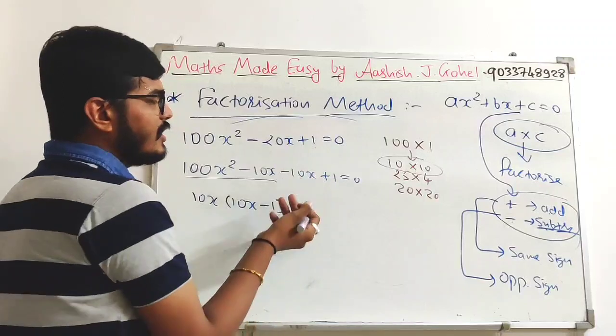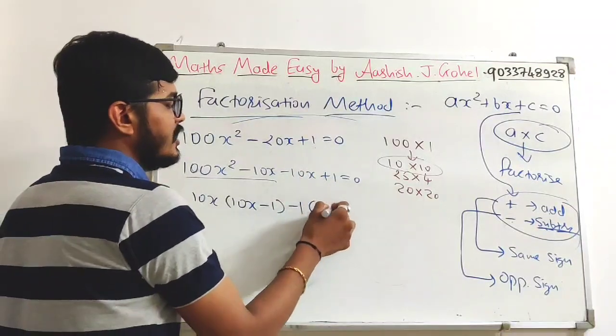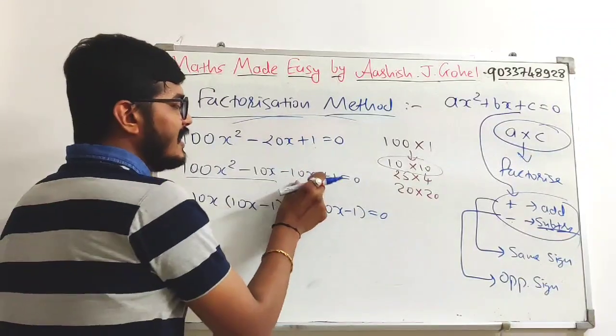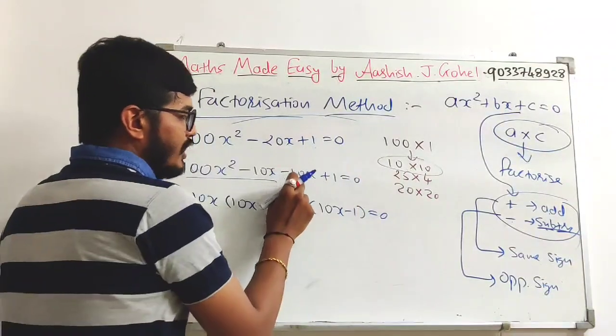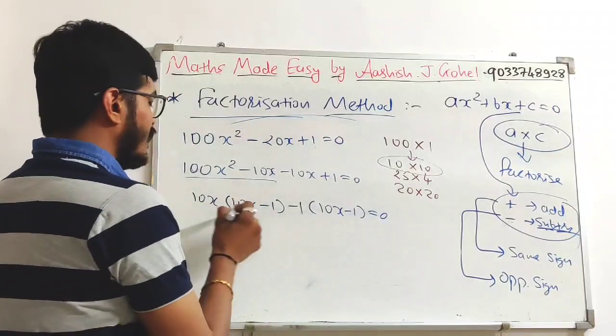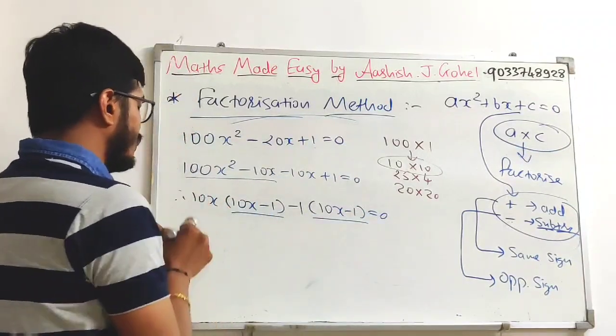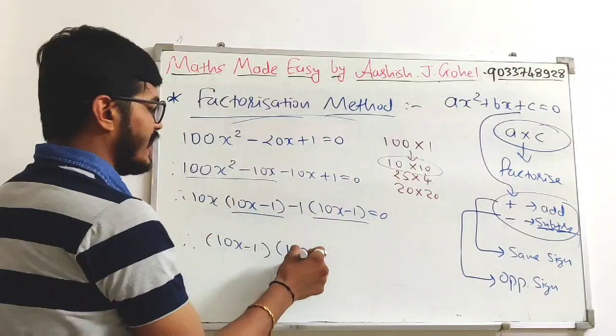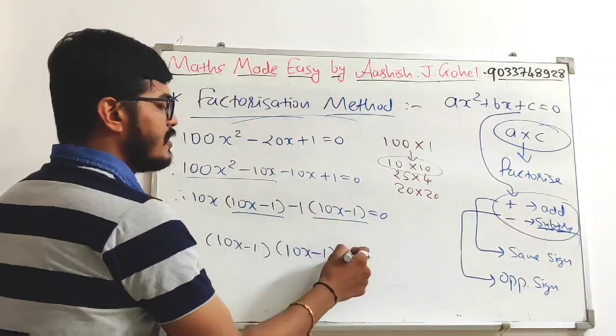Here we cannot take anything common, so we take minus 1. So 10x minus 1, if I take minus 1 common outside, then the inside sign will change. Now we can take this whole bracket common. So 10x minus 1 and the remaining terms are 10x minus 1.